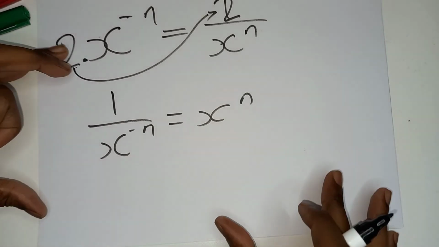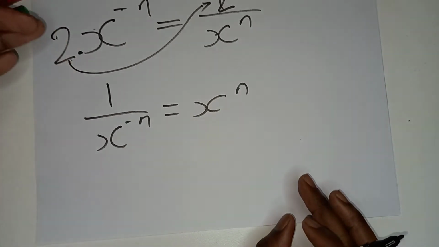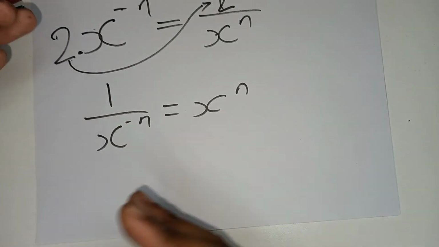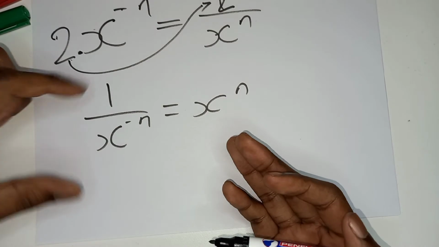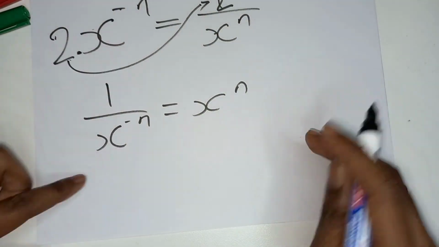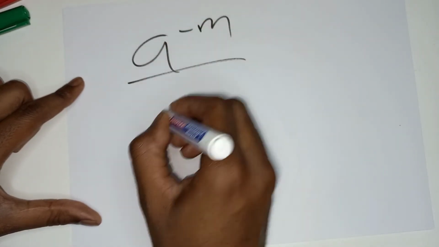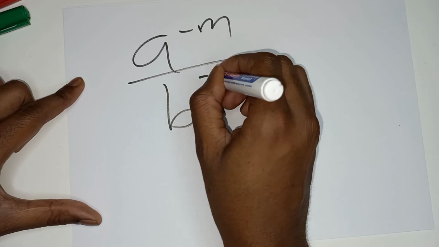The other correlation that I want to talk about is one where, instead of switching one exponent, you're switching any or all of the exponents. Say I have a to the exponent of negative m divided by b to the exponent of negative n.